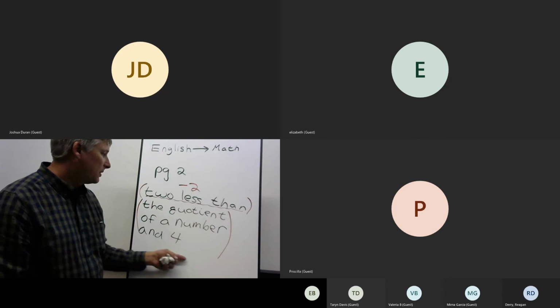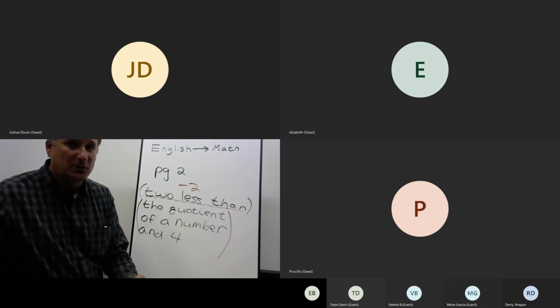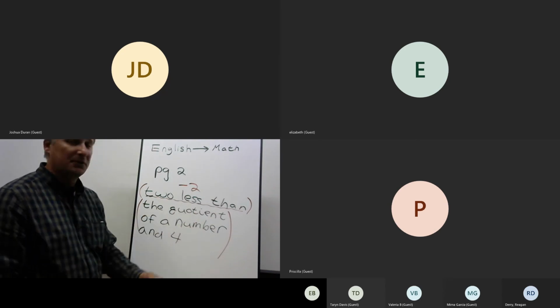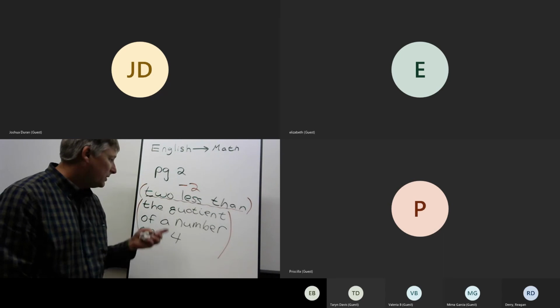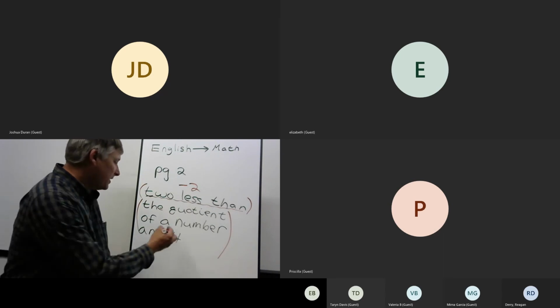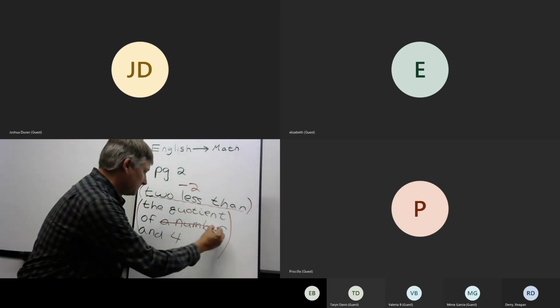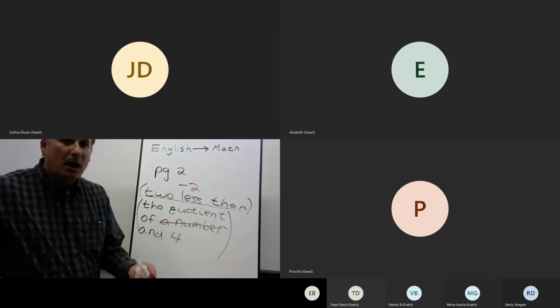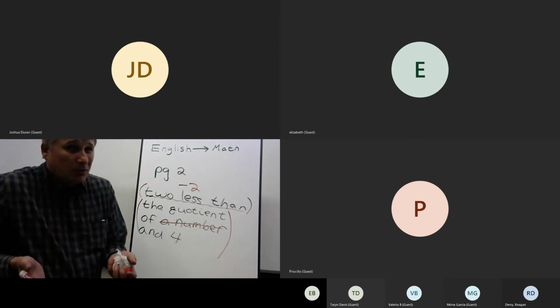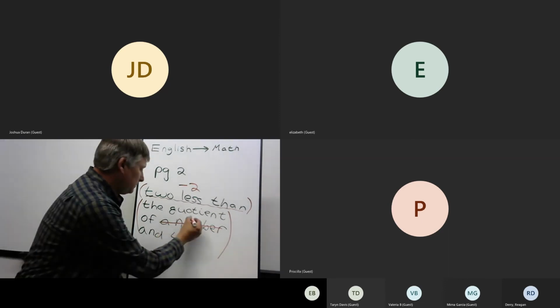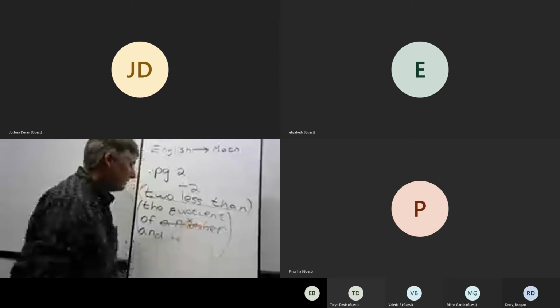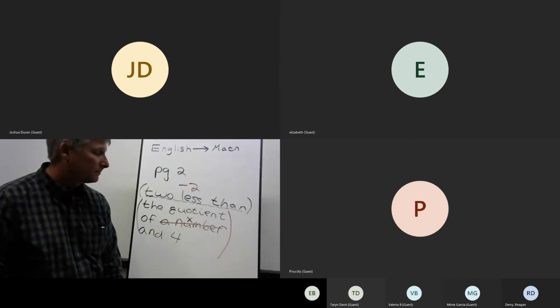And then the first part, the thing that's actually doing the subtracting, comes next. Well, let's figure this out. First off, a number. A number is some unknown number. It's a number, but we just don't know which one. So we're going to call it x.